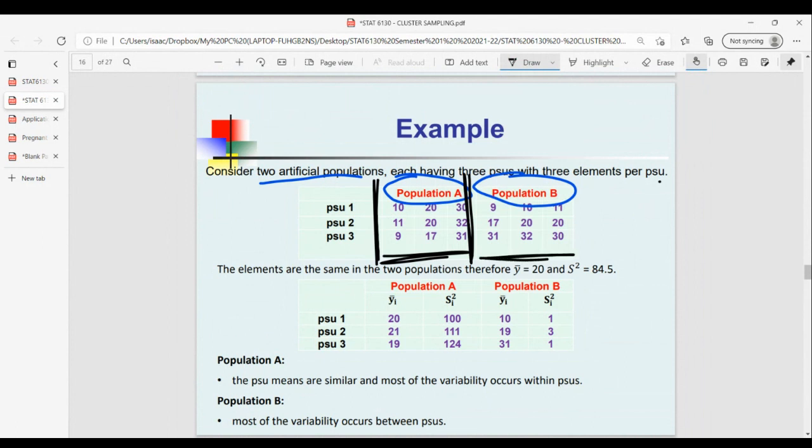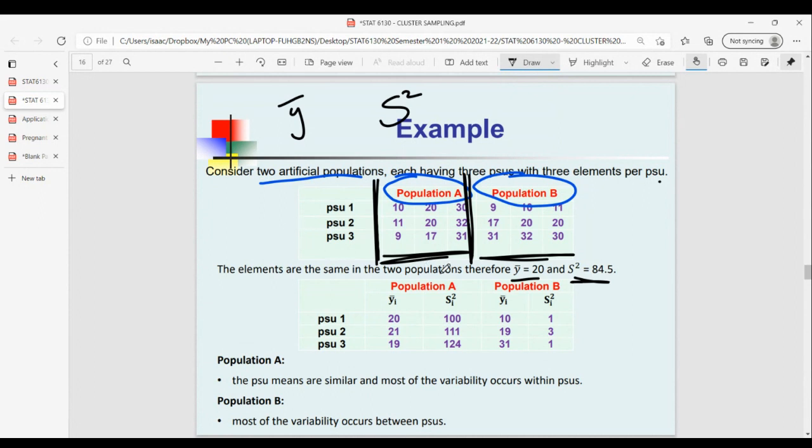They have the same values. That's the first thing. It's the same values, but just arranged in a different way, right? So that means that if you just take the ordinary y bar and your ordinary capital S squared, you'll be able to work out that those two numbers would be the same for both populations, right? Because I have the same values, right?